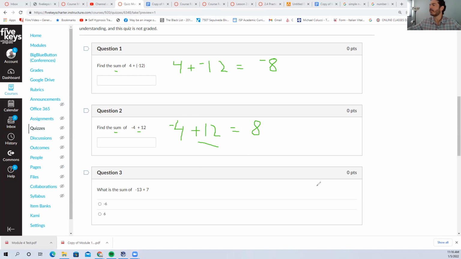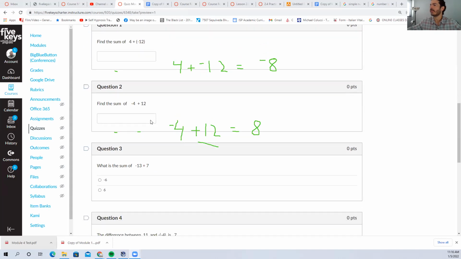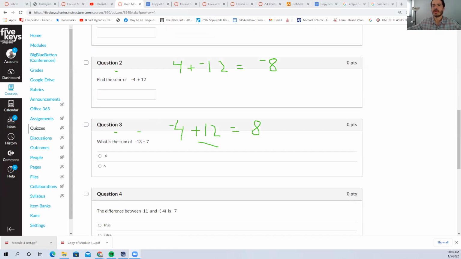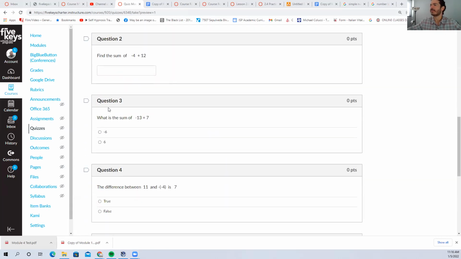The sum of, hey, sorry, little annotation problem. The sum of -13 plus 7. Let's do this a slightly different way. We can do our particle counting thing here. We have -13 plus 7.